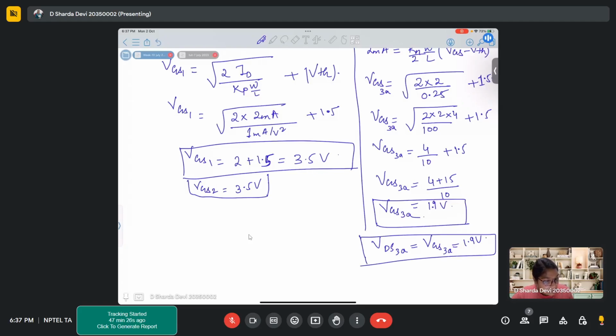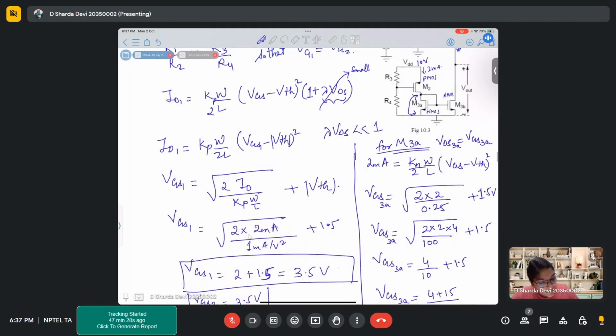Now, 1.9 volts is the drop across this point to ground.